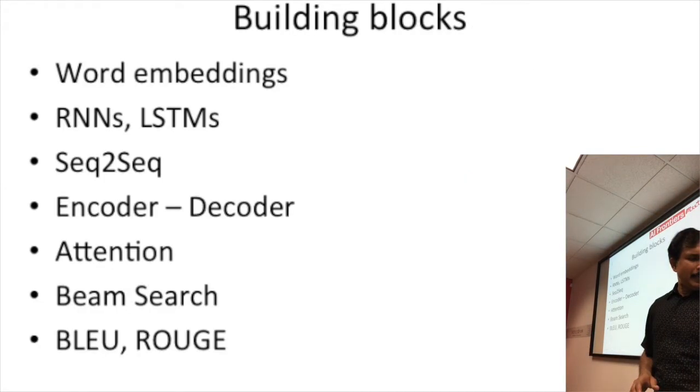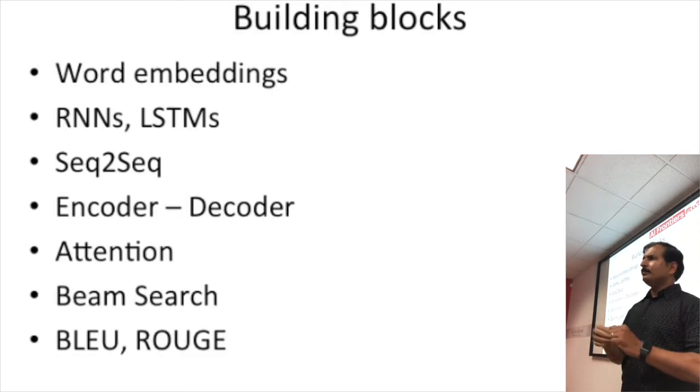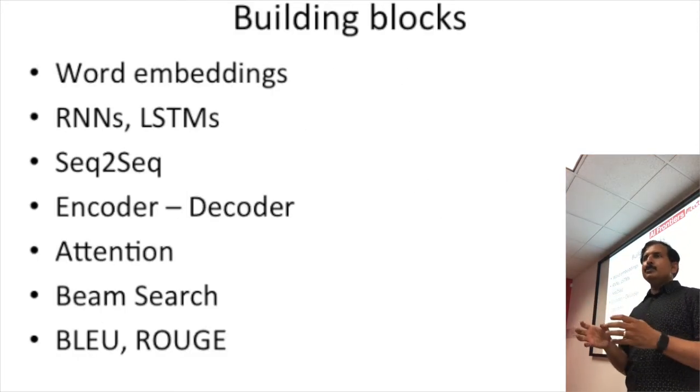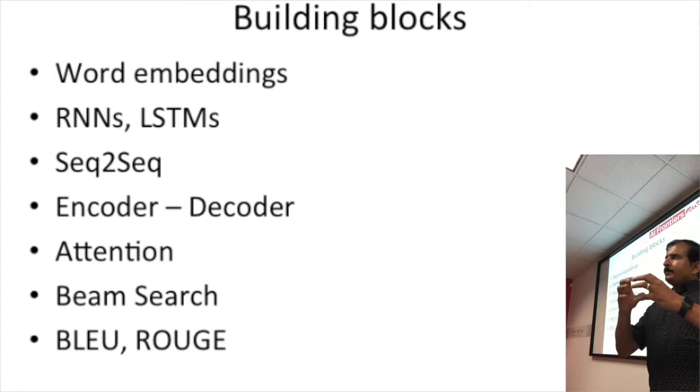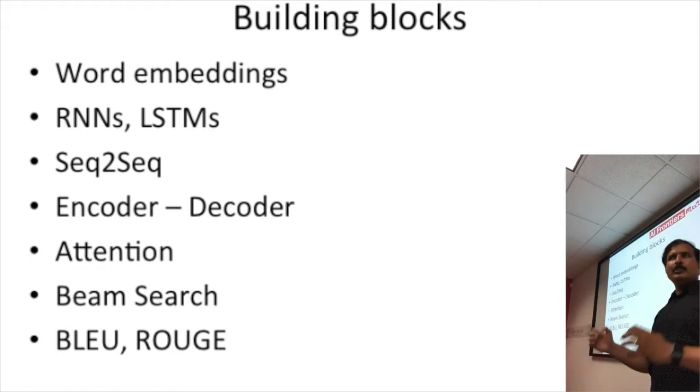So let me go back again to my encoder and decoder. There was a concept introduced called attention. So let's say you have an input of, let's say, 100 words, and you're translating that into a different language.